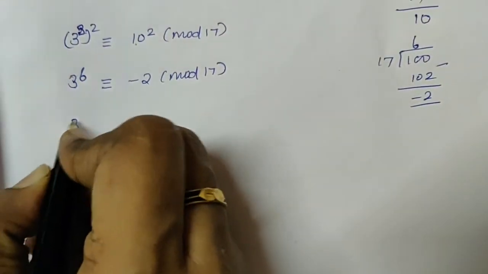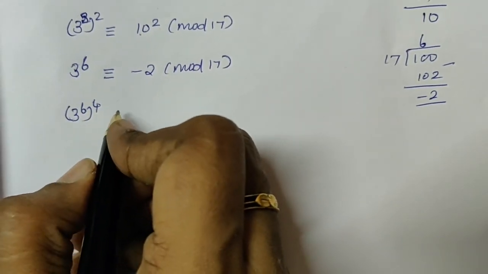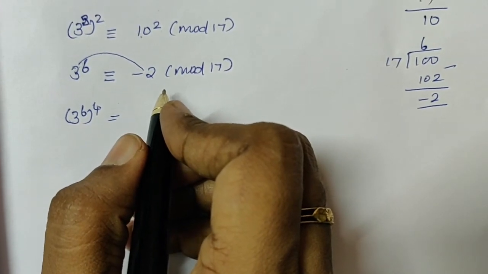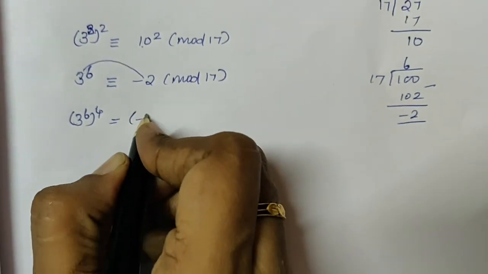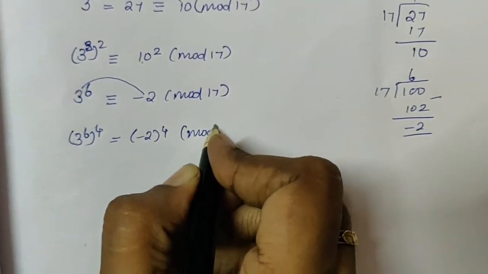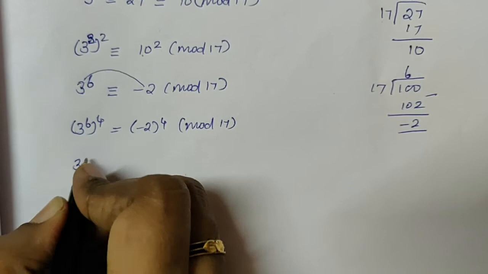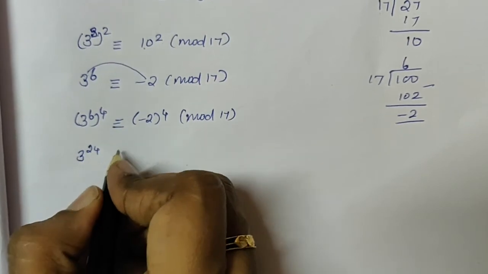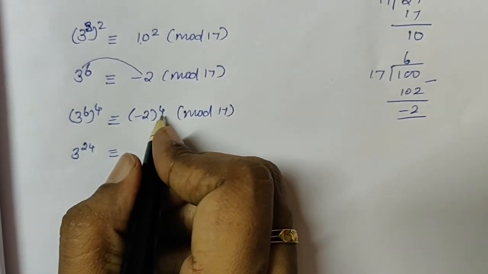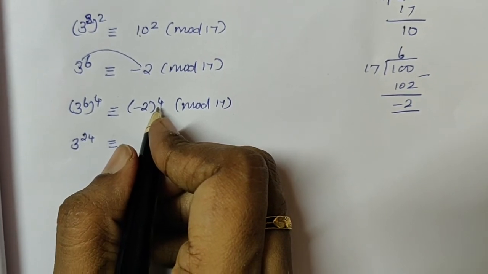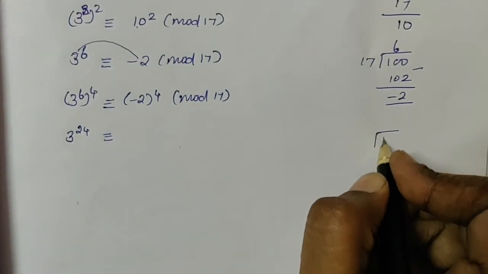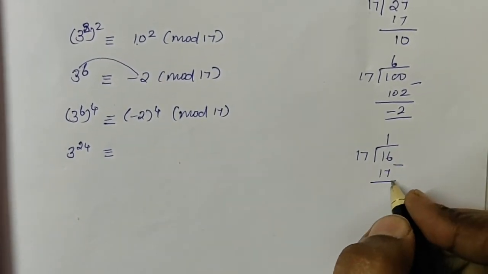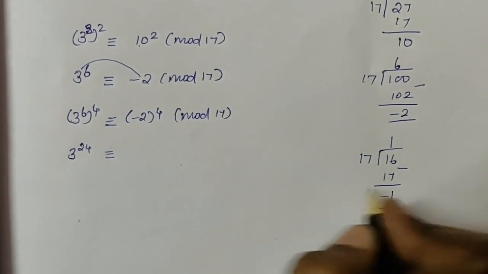Next we find 3 power 6 the whole power 4, which may be written as, since 3 power 6 is congruent to minus 2 mod 17, minus 2 power 4 mod 17. That is 3 power 6 the whole power 4 is nothing but 3 power 24, which is congruent to minus 2 power 4. Minus 2 power 4 is 16. When we divide 16 by 17, 1 17 is 17. When we subtract 17 from 16, we get minus 1 as a remainder.